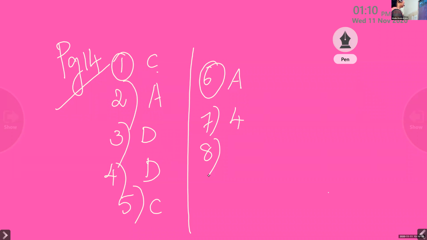Now question 8. Can you please unmute? The reduced form of 9 by 27. We have to reduce 9 by 27. You know which is the highest common factor here?